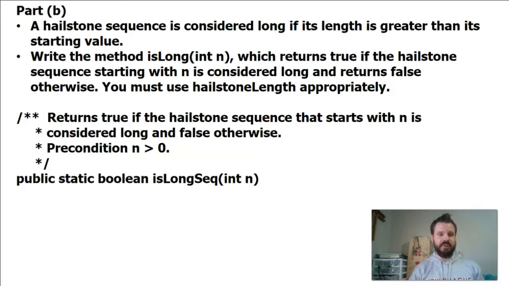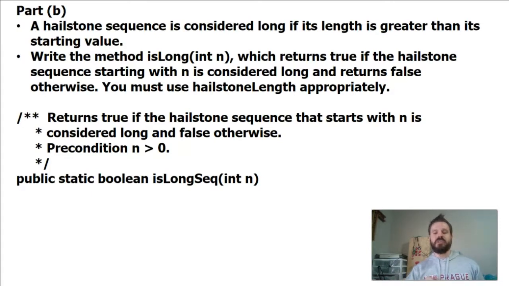Now, one detail of this one, it says you must use hailstoneLength appropriately. So to get full credit, I have to use that method that I just wrote. Now, with that said, let's say you have no clue how part A works, you even leave it blank. You can still get full credit for this question if you call the method properly, even though in real programming there's no way in heck that's going to work.